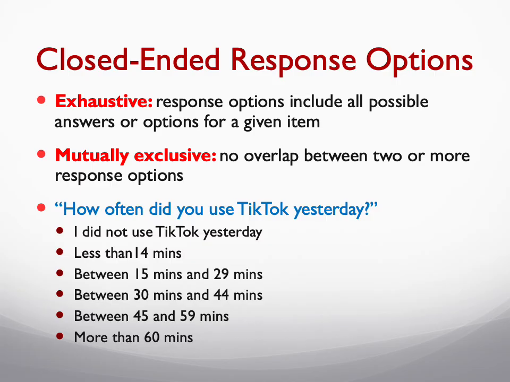And that might just be based on research that has actually looked at how long people are using these things. You might see that the average is 30 minutes and it tends to range from 0 to 60 and very few people are way over 60. And so you might say the response options I'm going to give are going to limit people to these sets of responses. And so this could be a way of trying to resolve these issues with exhaustiveness and mutual exclusivity.